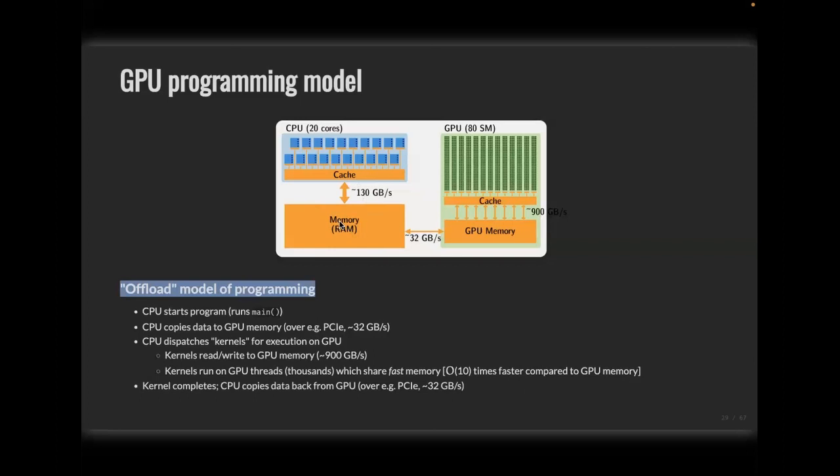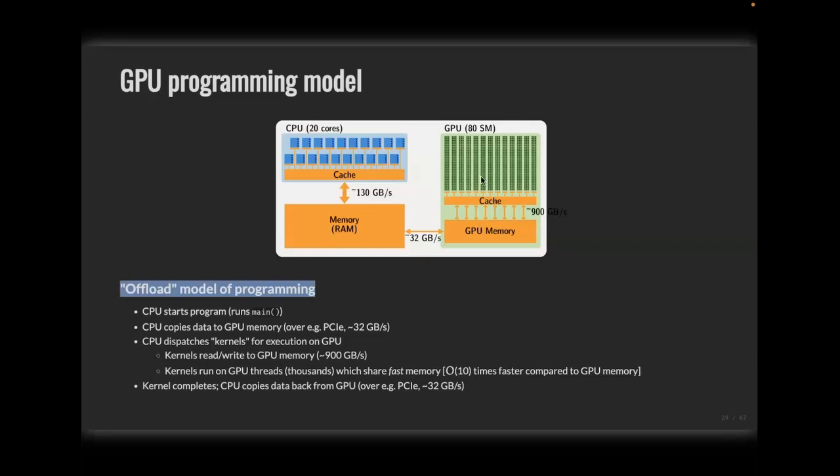So the CPU has to explicitly move this data to the GPU via a library call. You move the data from the CPU to the GPU memory, and then the CPU dispatches GPU kernels. Kernels are just little functions that run on the GPU. So once the data is in GPU memory, you offload kernels to the GPU.